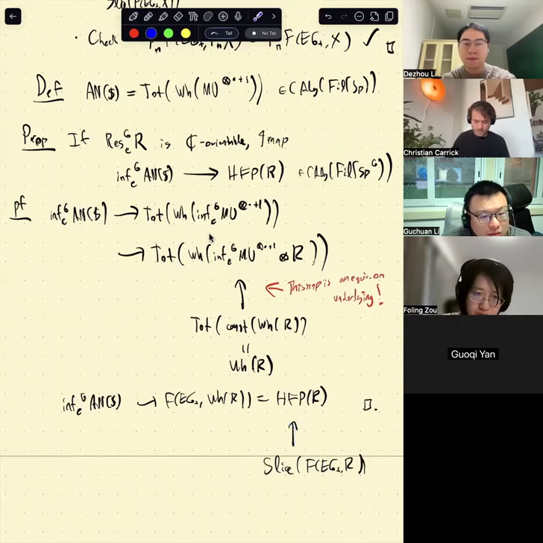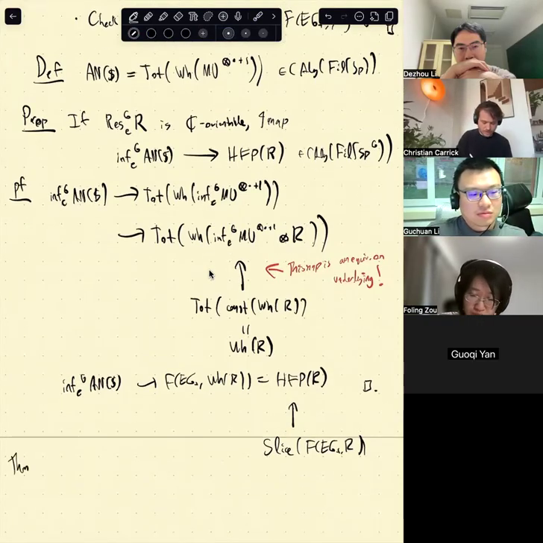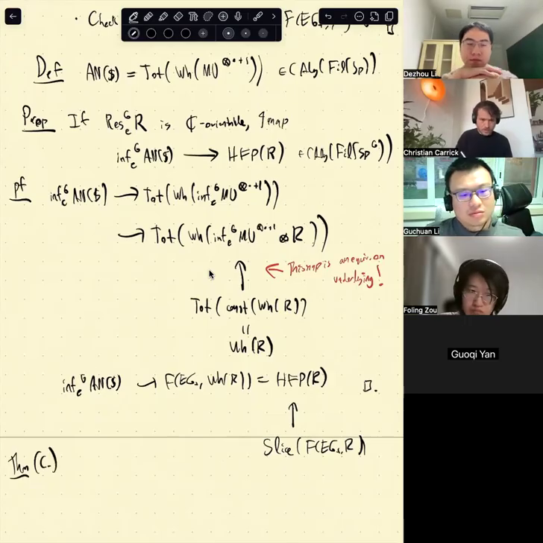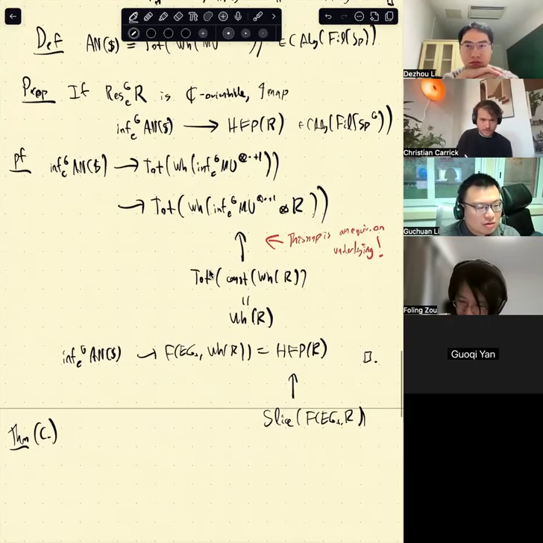So to construct a map like this, I just need to check that this thing is connective in that t-structure. And then by the universal property of connective covers, I get the map I want. So that's an easy approach to constructing this map. And let me state that and then make some comments on it.